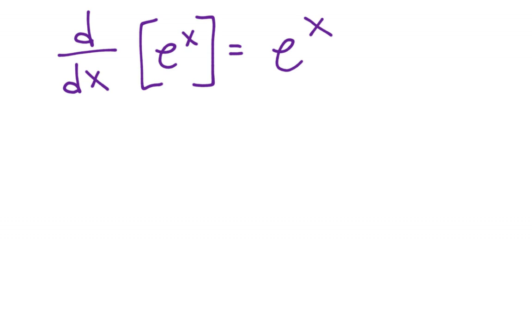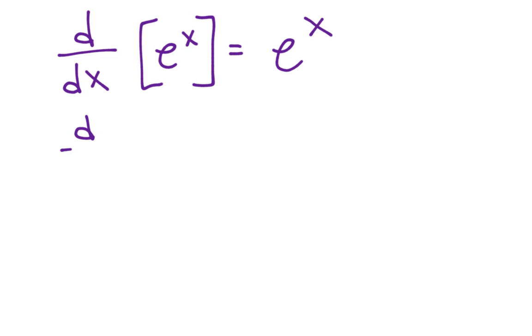Derivative of e to the x. This is the one theorem that Mr. Claffey always remembers. This one and the integral. The derivative of e to the x is e to the x.